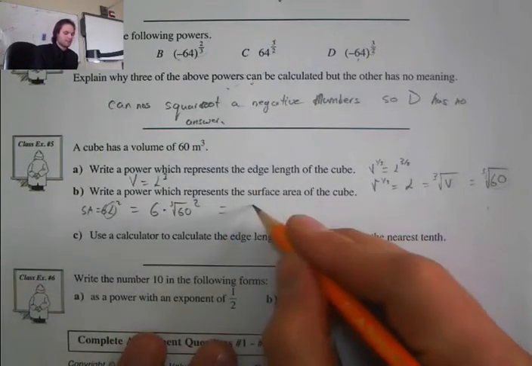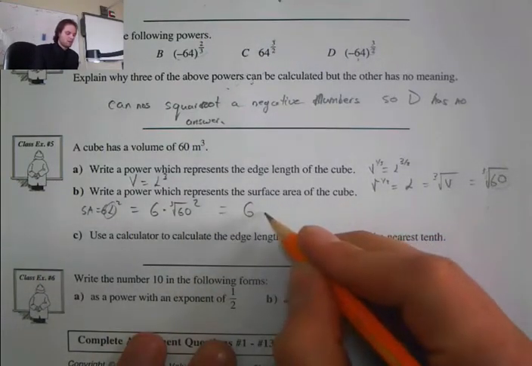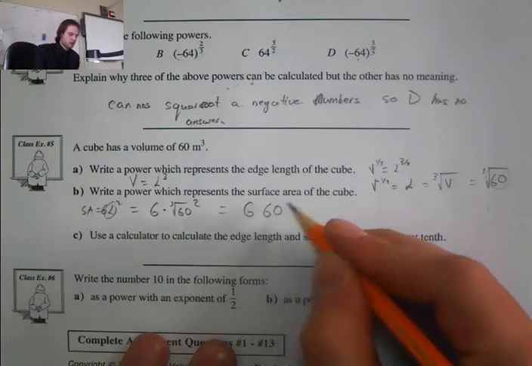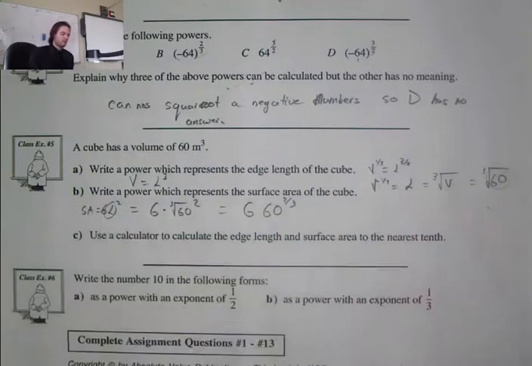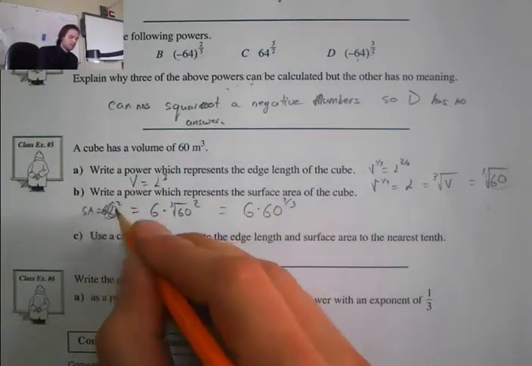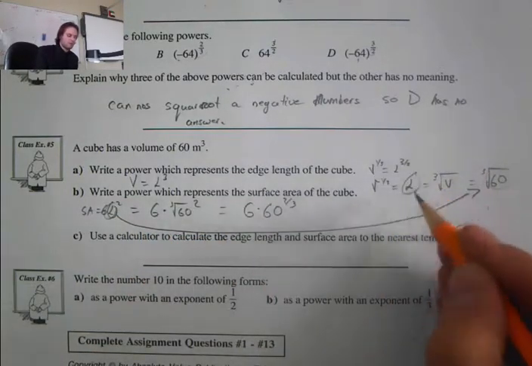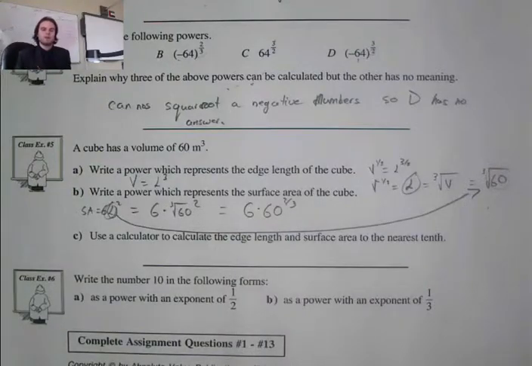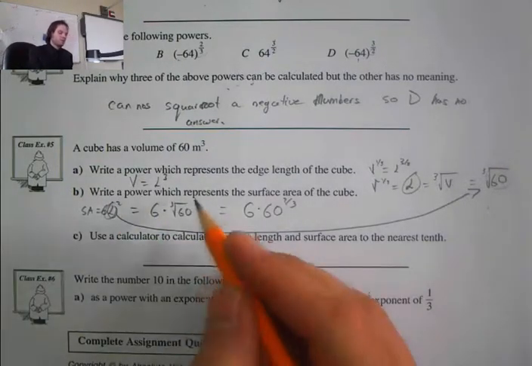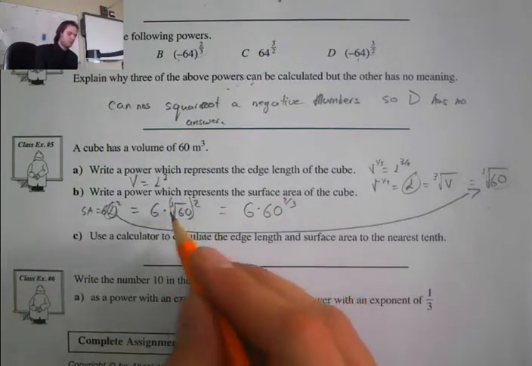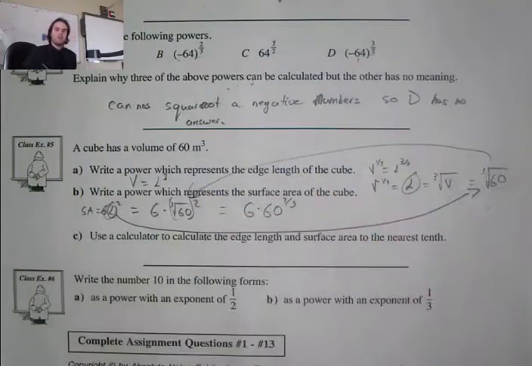Or, this is the same thing as 6 multiplied by 60 to the power of 2 over 3. Okay? Because I said this length is the same as that, as we found out from here. I just plugged it in. So we have to square that length. So we have all of this squared. So I put that in there.